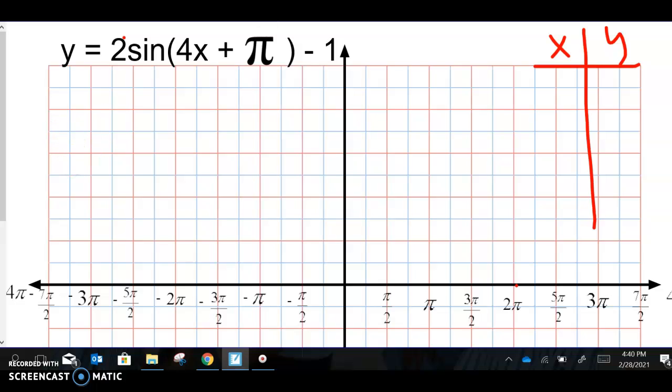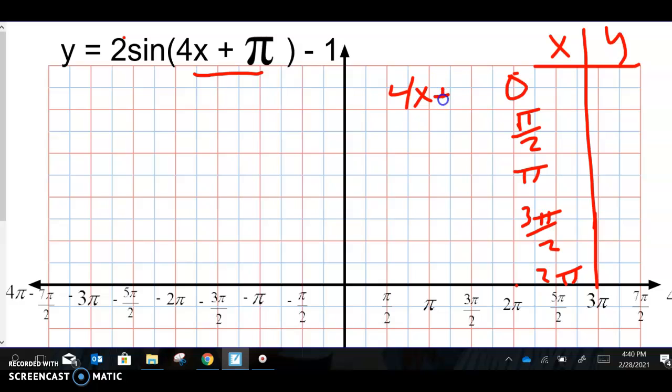I usually think the key points are, I just broke my pen, 0, pi over 2, pi, 3 pi over 2, and 2 pi. Those are usually my x coordinates. Well, that's what I wish I was taking the sine of. I wish I was taking the sine of 0.